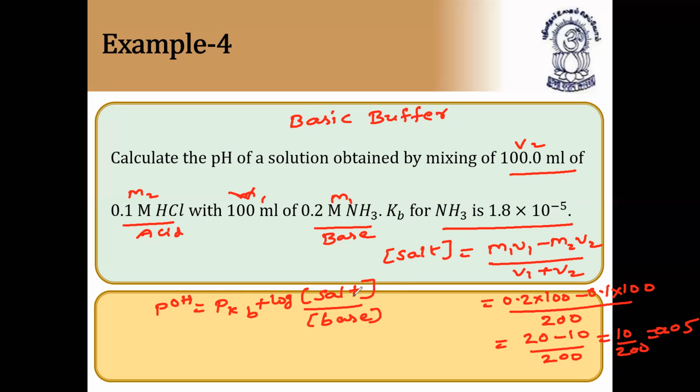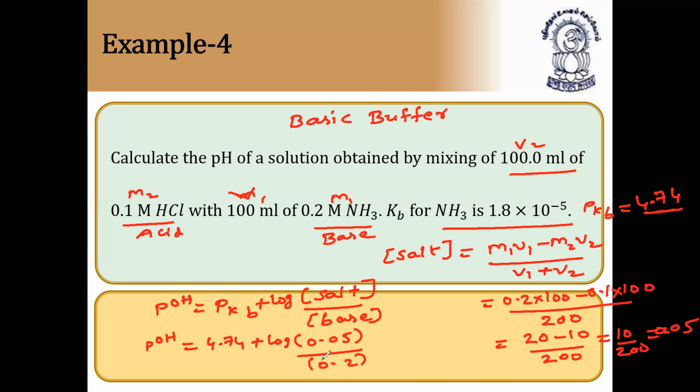So here we can write pOH is equal to the pKb value. Kb is 1.8 into 10 to the power minus 5, so pKb is equal to 4.74, because we are using the same value already. So straight away here 4.74 plus log of 0.05, that is salt concentration, by base concentration, 0.2.